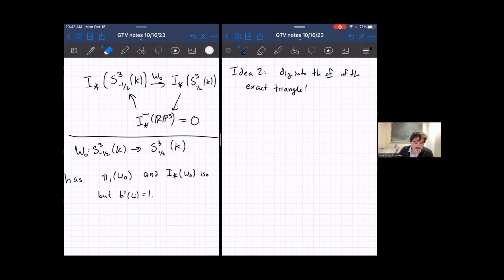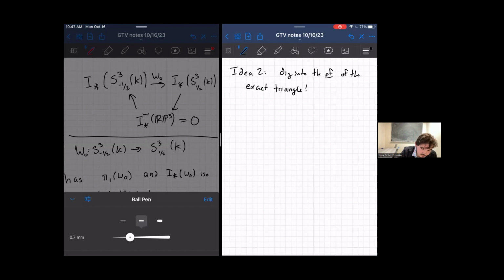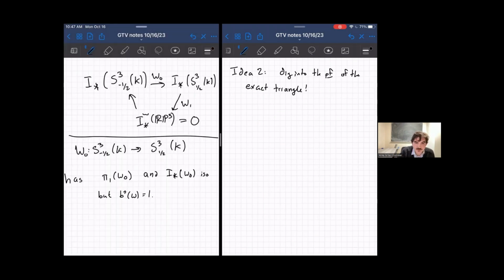you can spell out in a bit more detail how the exact triangle actually gets proved. There's not just one cobordism W naught involved. There's also a cobordism W1 from half surgery to RP3, and a cobordism W2 from RP3 over to minus 1/2 surgery of K. And what we'll end up using here is that it's not just that the instanton homology of RP3 is 0.